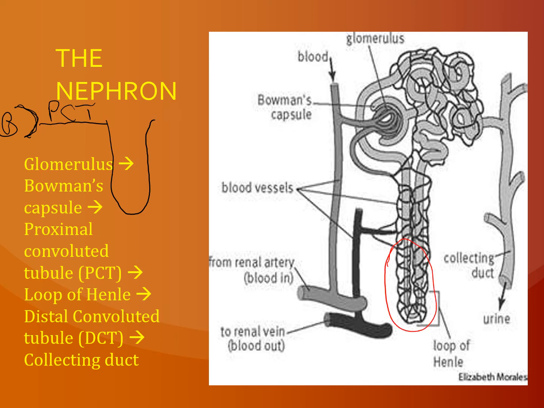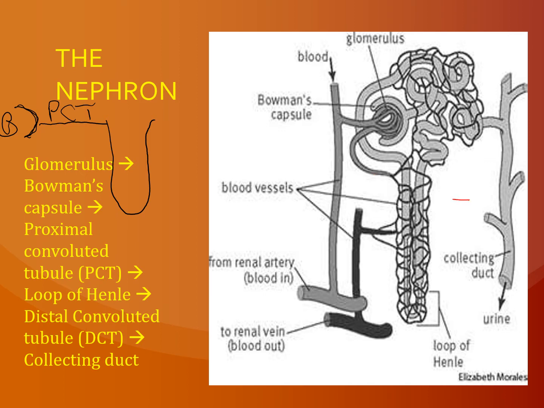The loop of Henle relies on pressure changes in order to force things out of the nephron. Pretty much as long as you're on this side of the loop of Henle, you have a chance of being reabsorbed. You have a chance of getting added back to the bloodstream.